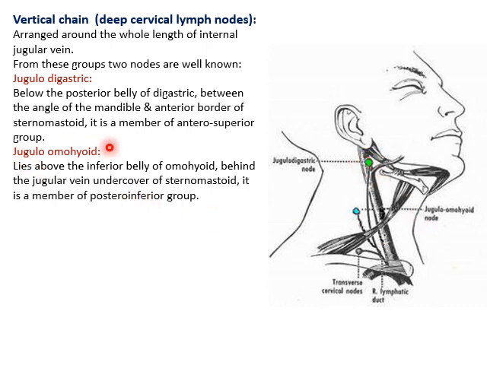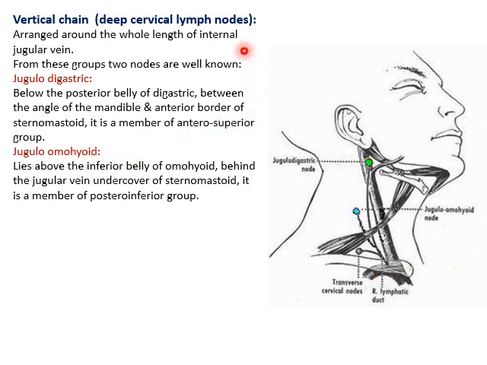Then the jugulo-omohyoid group of lymph nodes is behind the internal jugular vein under cover of sternocleidomastoid. So it is under cover, above the inferior belly of omohyoid and behind the internal jugular vein: posterior to the internal jugular vein and superior to the inferior belly of omohyoid, under cover of sternocleidomastoid, you will find the jugulo-omohyoid group of lymph nodes.